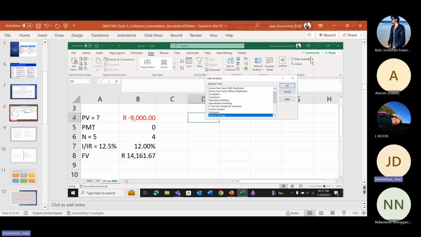If it's not there, what you can do is go to data, and on this page you will be able to add it. Or go to insert and add the data analysis toolpack, or you will be able to go to one of these functions and add it.